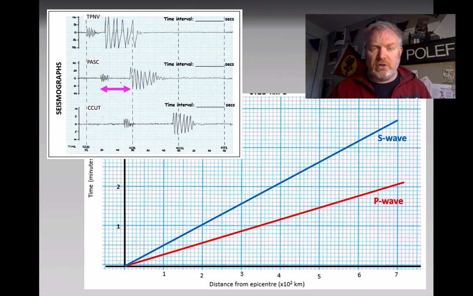You'll see there's a horizontal scale on that seismograph. And once we've worked out what that time is, we can take that time and find where that time gap will be on our graph, and we can then read down to the bottom of that graph to find out how far that wave has travelled.